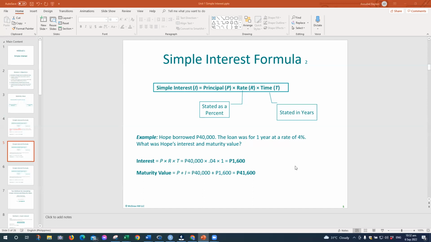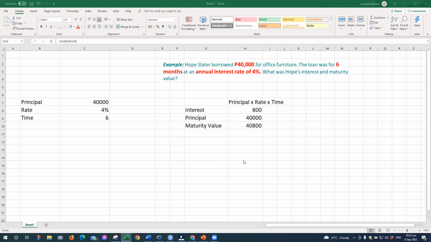It was doubled because the term was doubled. And the maturity value also increased by 800, so it now became 41,600.